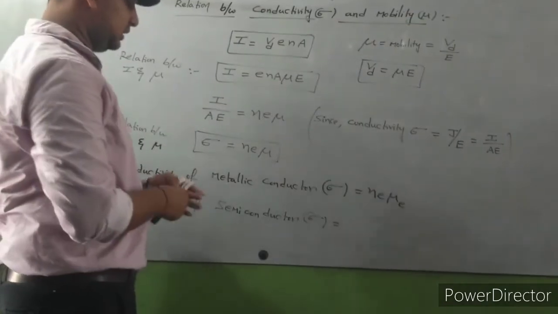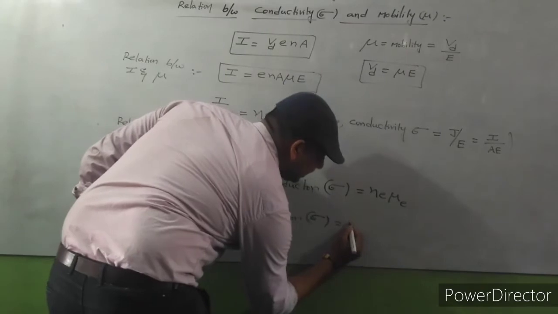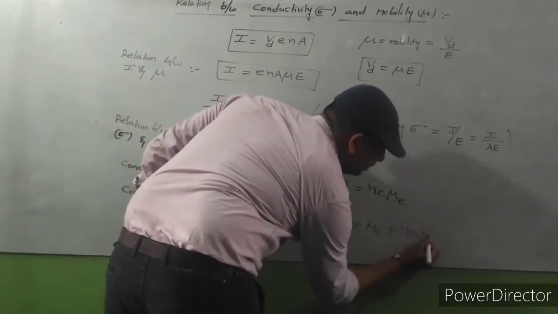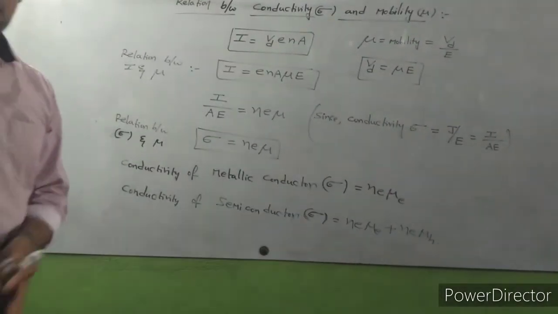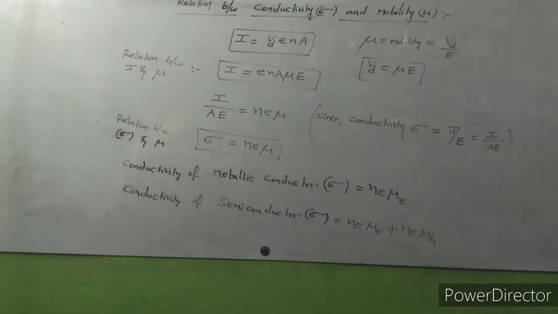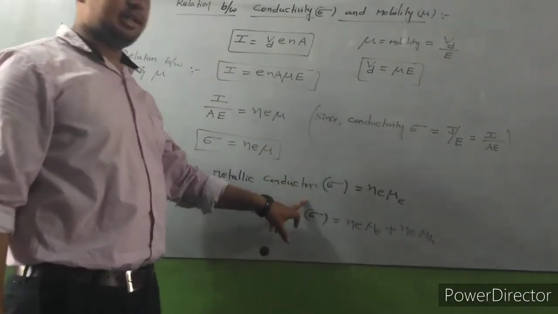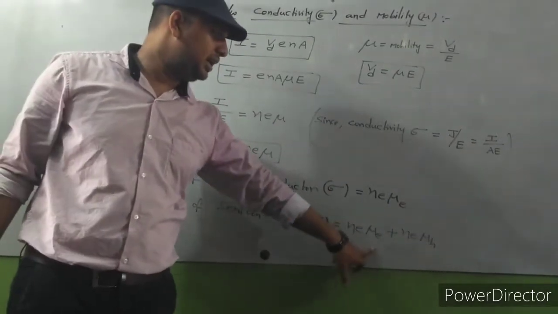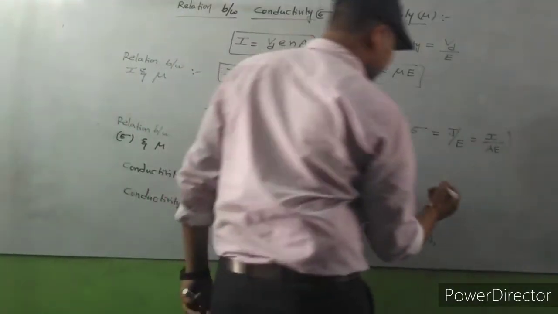Conductivity of semiconductor formula: sigma is equal to NE into mu E plus NE into mu H. So conductivity of metallic conductor is NE into mu E, conductivity of semiconductor is NE into mu E plus NE into mu H.